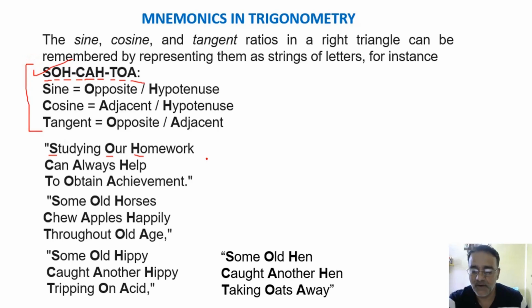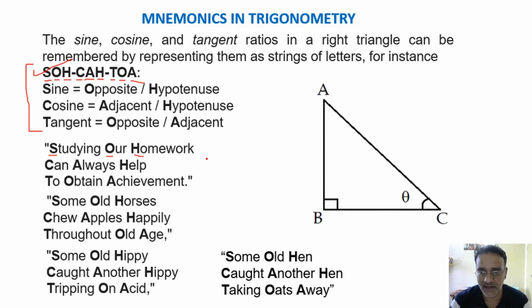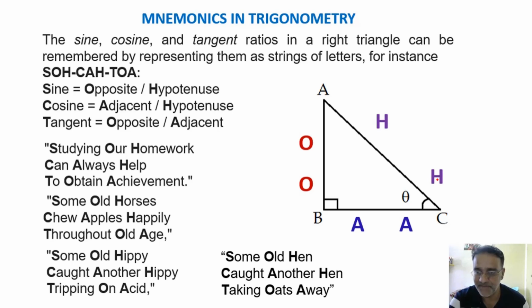Now some picture mnemonics are also there with respect to this one. With respect to this angle, this is the opposite side, this is the adjacent side, and this is the hypotenuse. We write 2O for opposite side, 2A for adjacent, and 2H for hypotenuse. We'll start from here.